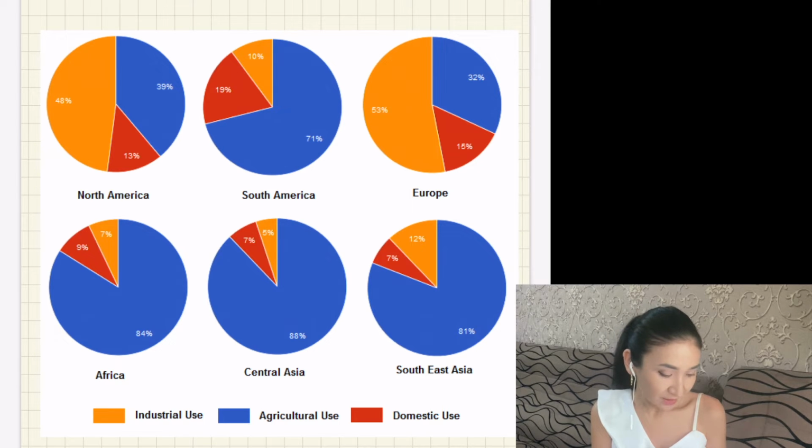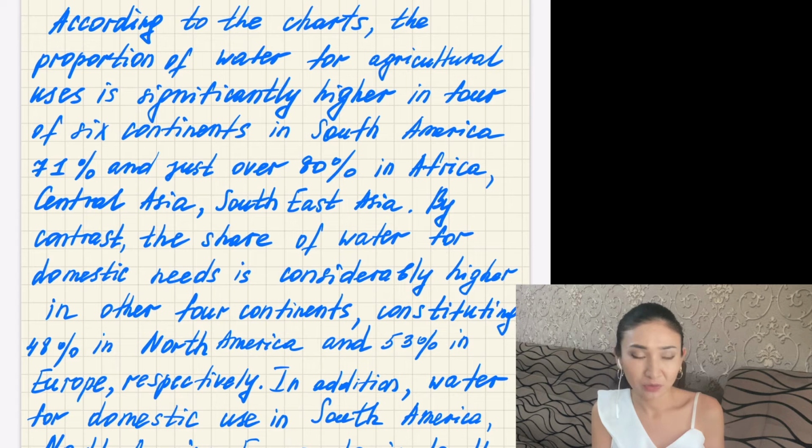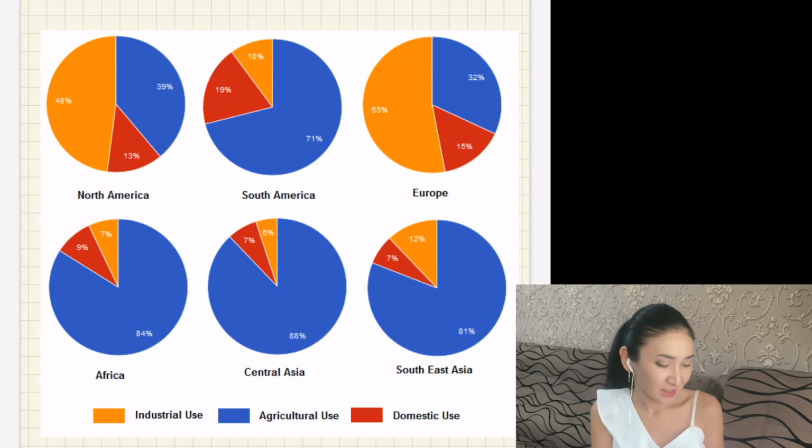And in our case, we have the cases when we have more than half. It's 71, which is South America, 84 is Africa, and 88% which is Central Asia. 81% is Southeast Asia.